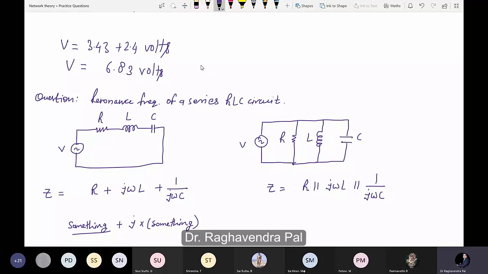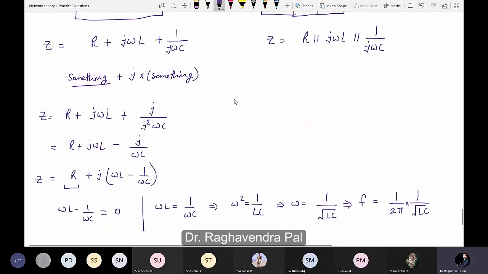While calculating parallel combinations, the calculation might be a little bit big. Okay. And another circuit might be like this. Suppose R, C, and sometimes there is one resistance with the inductance, because a coil is not ideal. In a practical case, there is some resistance associated with the coil.